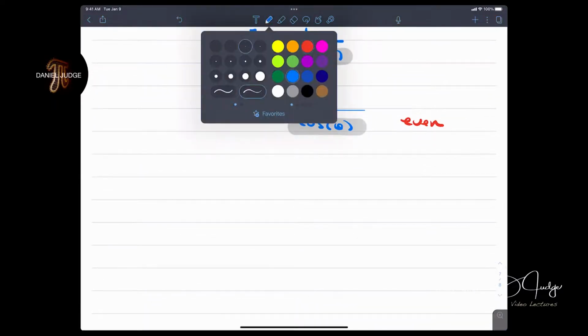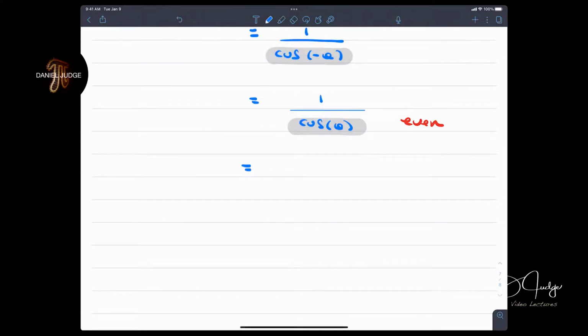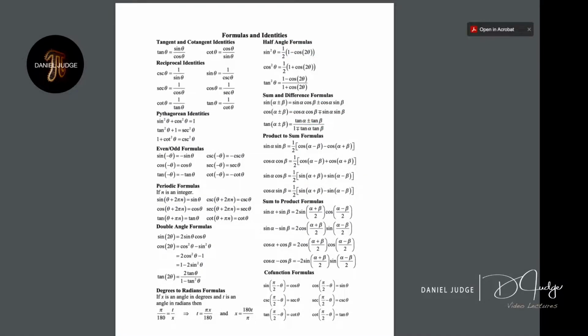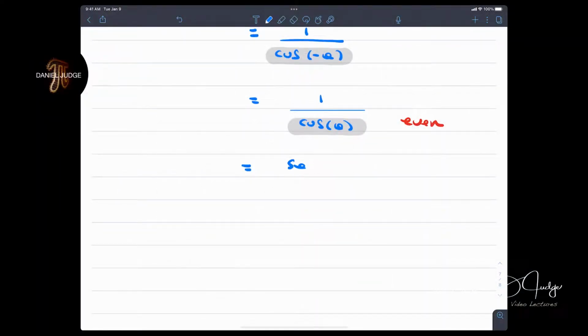And then again, by my identity of 1 over cosine, it's on the list because I know my identity list. 1 over cosine, and you go, oh, but Mr. Judge, I don't have a 1 over cosine. Oh, yeah, I do. It's there. 1 over cosine is going to be what? Secant theta. Yeah, there we go. So I can replace this now with secant theta because that's what 1 over cosine is. I see this on my identity list.